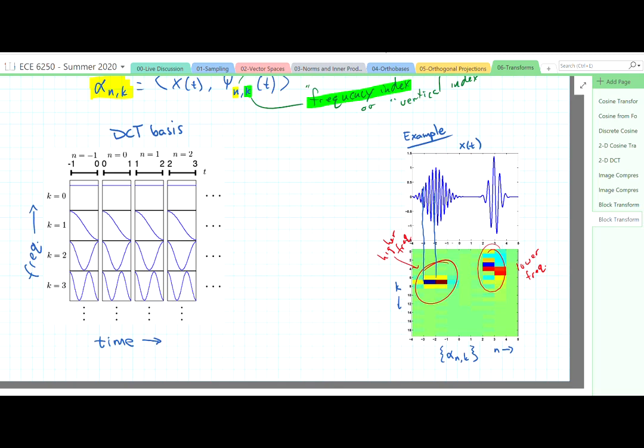And when you listen to something that's built up that way, you hear a buzz or a click, depending on how wide the block is that you're representing with each transform. So it's a big problem, and we'll see that there is a way to gracefully, if you will, blend these edges together.